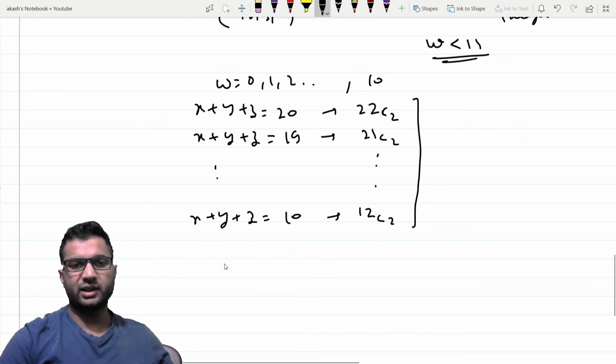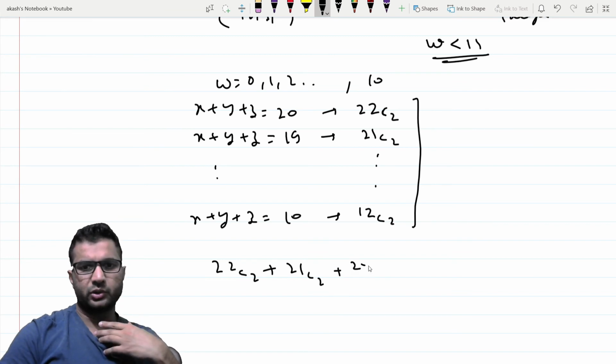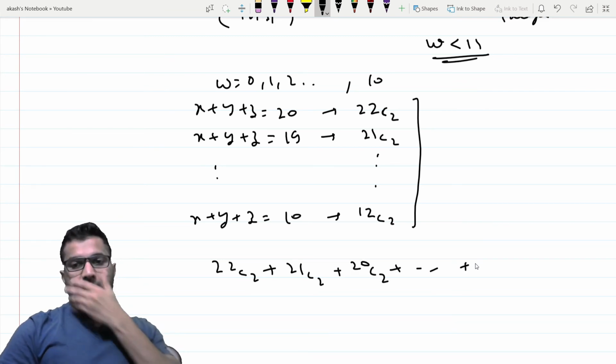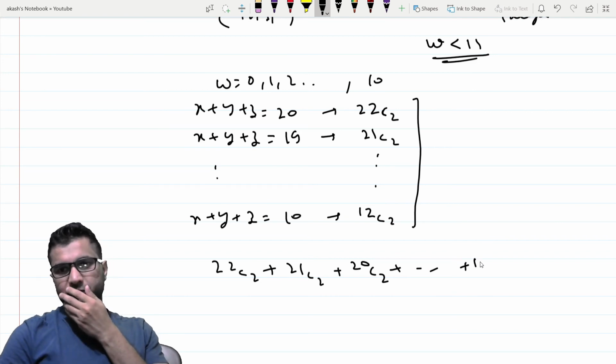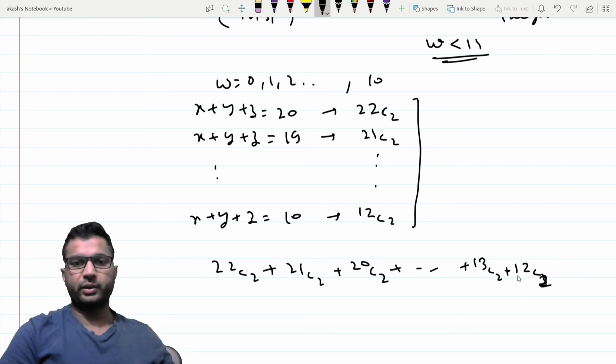So I can write down 22c2, 21c2, 20c2, and so on, up to 13c2 plus 12c2. So I'm going to make a little manipulation here in order to use the Pascal property.